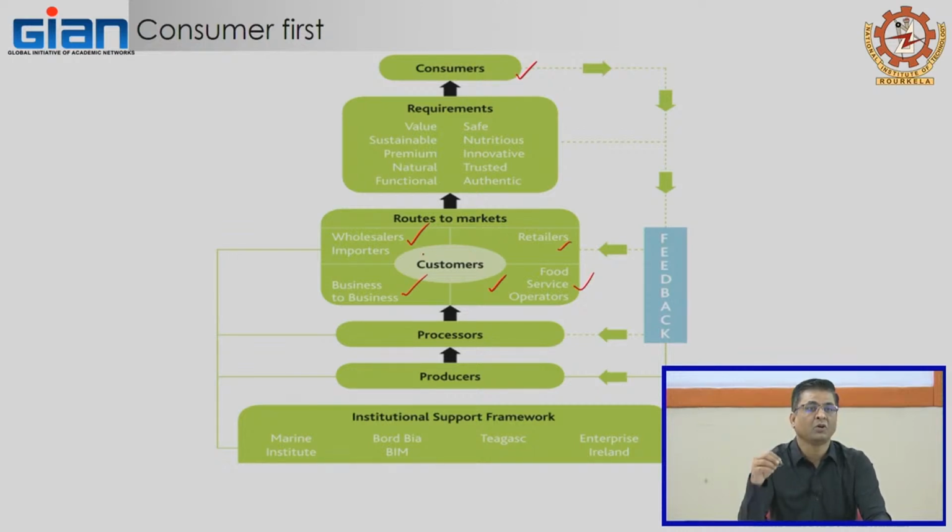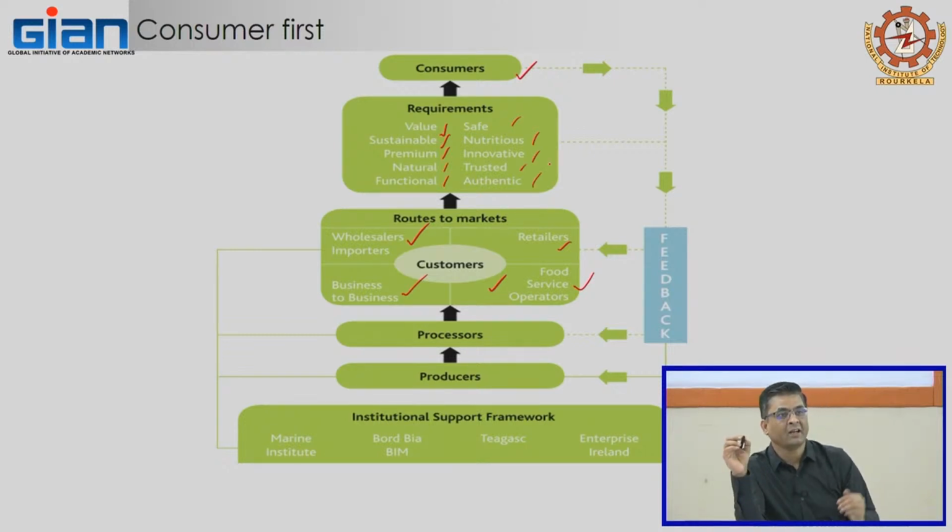First, you need to know what customers or consumers want. They want value, sustainable, premium, natural, functional products, safe, nutritious, innovative, trusted, authentic food, and that decides what should be the priority.